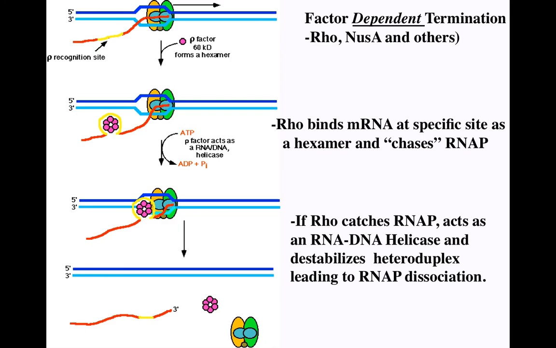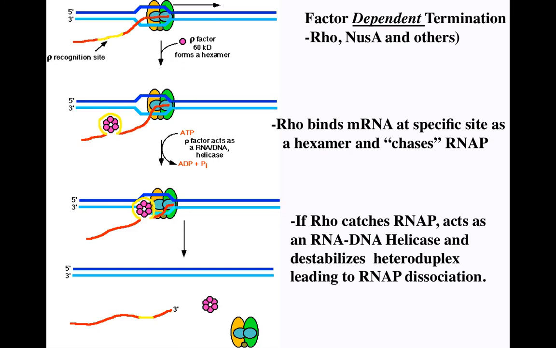So here, Rho is a protein that has the capability of binding to messenger RNA. Let me come down to this next one. Here is RNA polymerase with the beta and beta prime shown in brown and green, the 2 alpha subunits. And this actually shows that little omega subunit here.